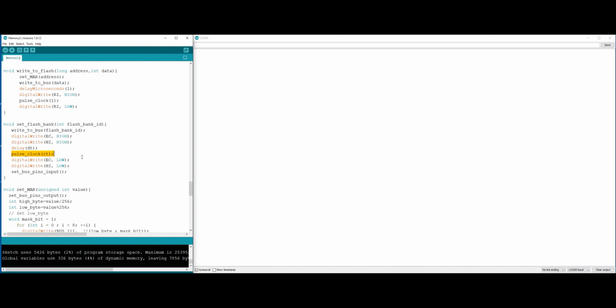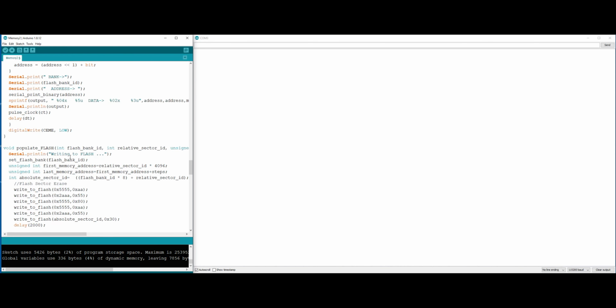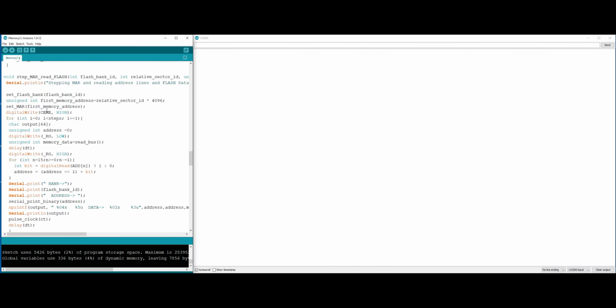Once we did that, whatever is on the bus will be read into our flash bank selector register, and then it's going to show up on our output. So essentially, using this function, we are just pointing to a specific flash bank. This is the first step in our function.